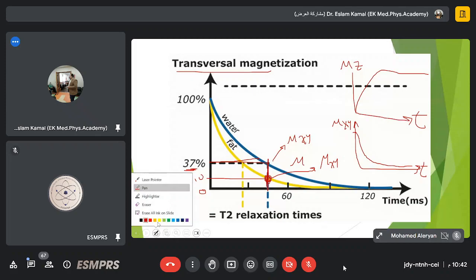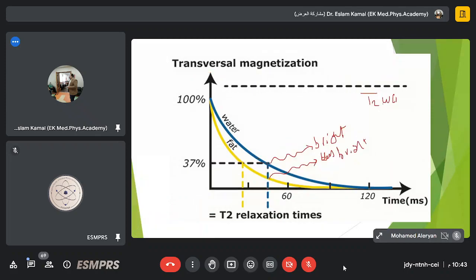The T2 sequence is based on the difference between the tissues in T2 constant, while the T1 sequence is based on the difference between the tissues in T1 constant. So now we have to select the time which gives you a maximum difference between the tissues in T1 or T2.